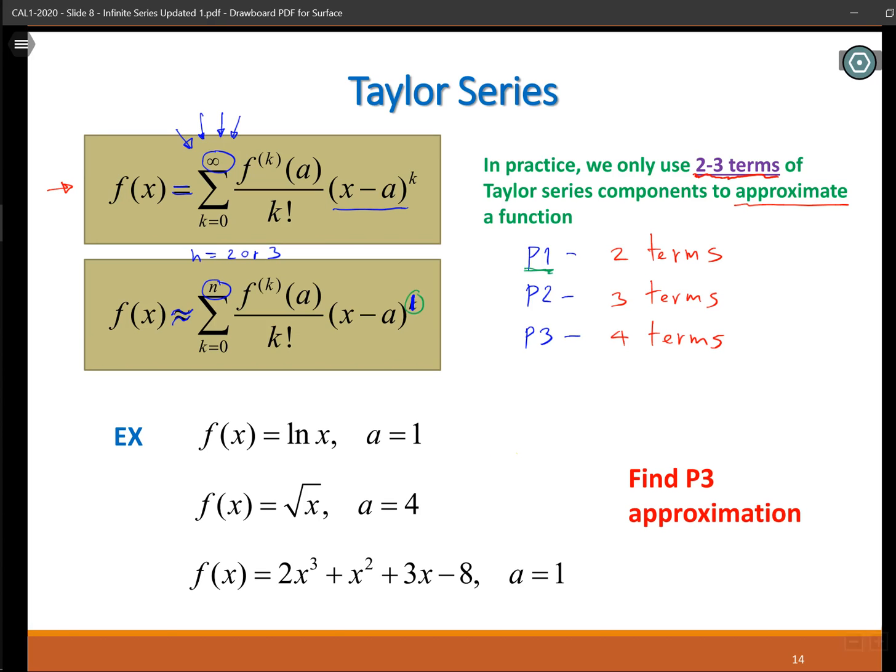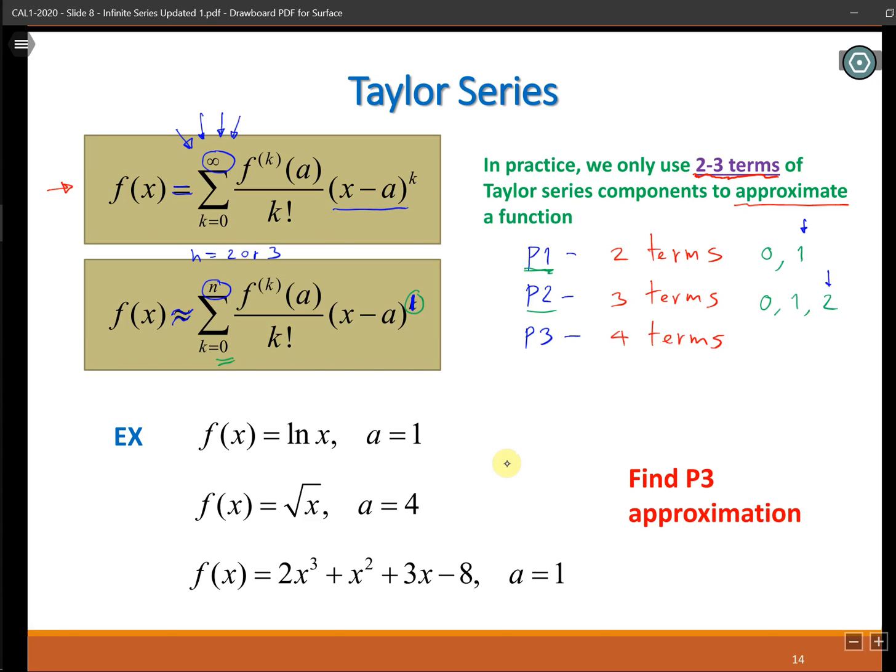But our series starts at 0, which means that we need the 0 term and the first term, all right, which would give us the first order polynomial approximation, 2 terms. And for P2, we need 3 terms because we start at the 0 term first and then second order polynomial approximation.